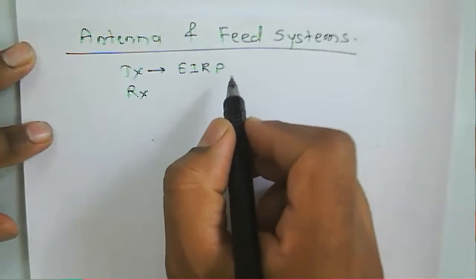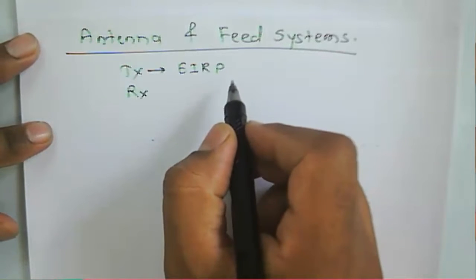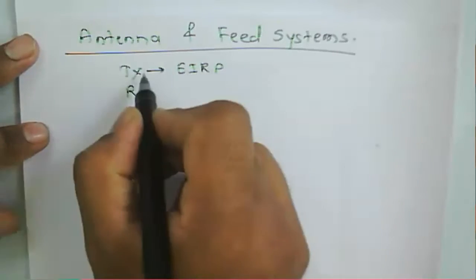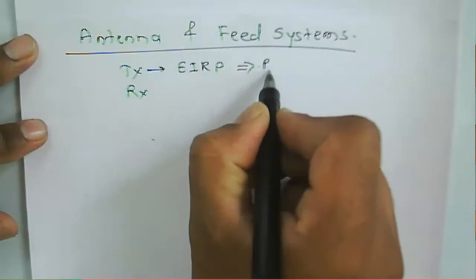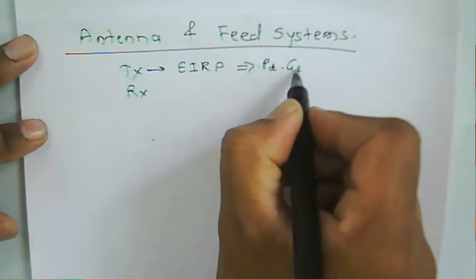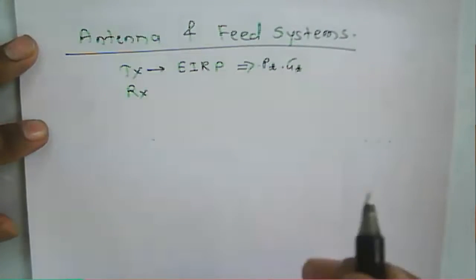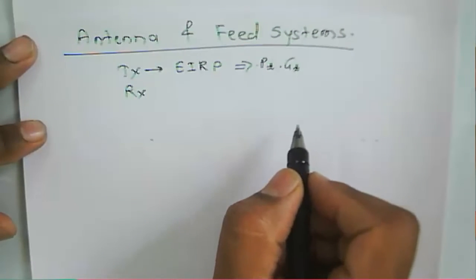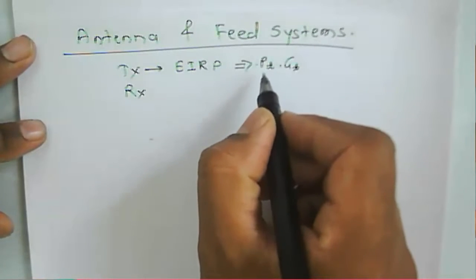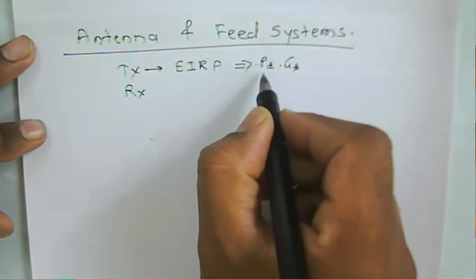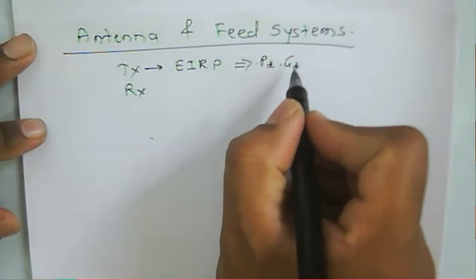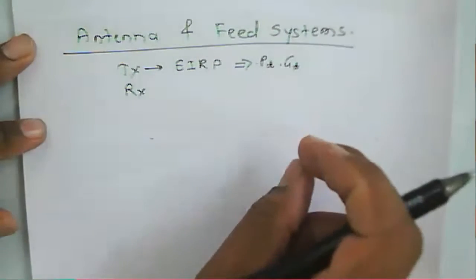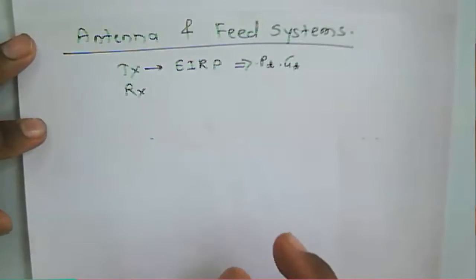What will be the EIRP of the earth station? The EIRP of an earth station depends upon the transmitted power and the gain of the transmitting antenna. The transmitted power depends upon the amplifier we are using, and the gain of an antenna depends totally on the size of the antenna.